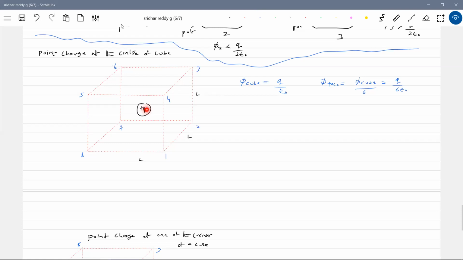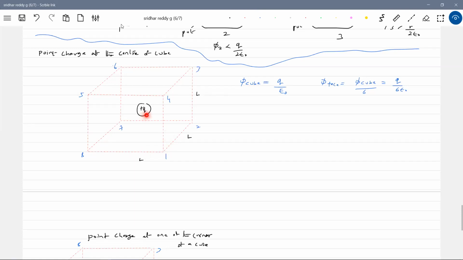Suppose there are, let me assume, 60 lines of force. Of that, 10 lines of force will link this face. Another 10 lines will pass through 3, 4, 5, 6. Another 10 through 2, 3, 6, 7. Another 10 through 5, 6, 7, 8. Another 10 through 1, 4, 5, 8. Another 10 through 1, 2, 7, 8.